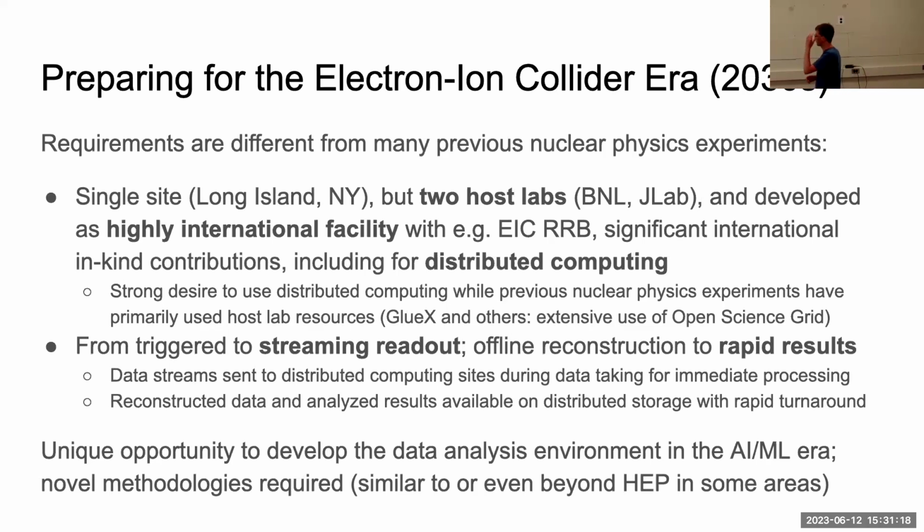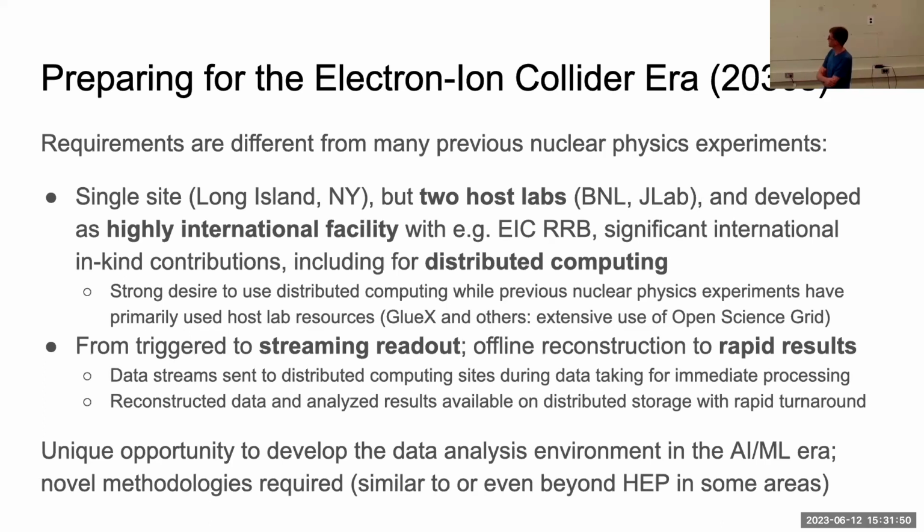This has been done in the past. GlueX and sPHENIX are using the Open Science Grid, which is sort of the LHC WLCG grid, but for open science, not just LHC science. That's been a standard that's evolved here in the US, primarily through DOE and NSF, and that we're focusing on as a starting point for this.